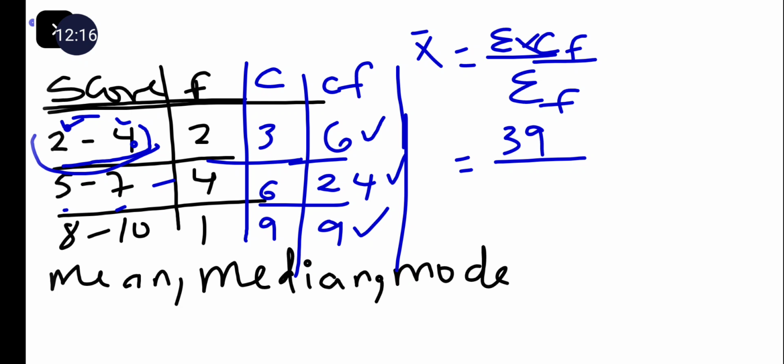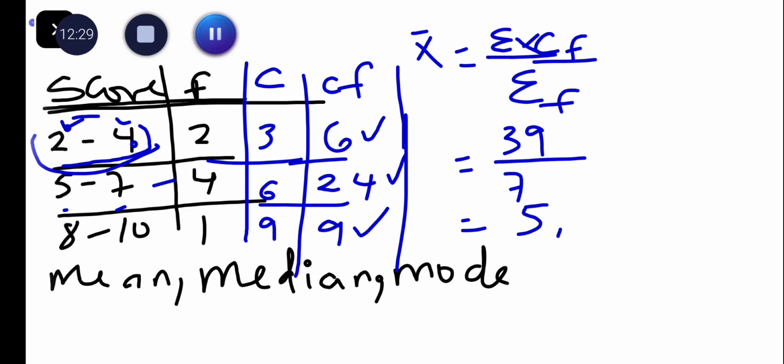Then you divide by the sum of frequency, 2 plus 4 plus 1, that's 7. When we evaluate that, it gives us 5.57.